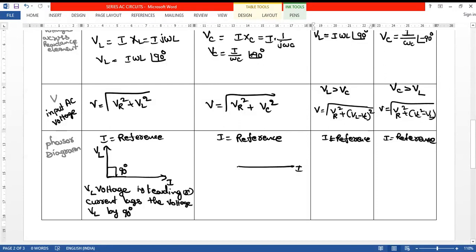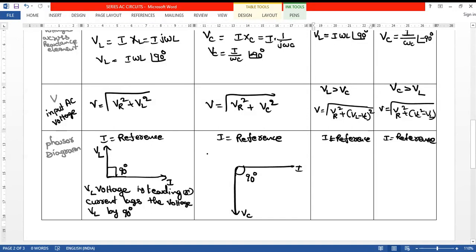Lags means minus. In the series RL circuit the phase is positive, that means it is leading. Here we have minus, so it lags 90 degrees. So VC lags 90 degrees.